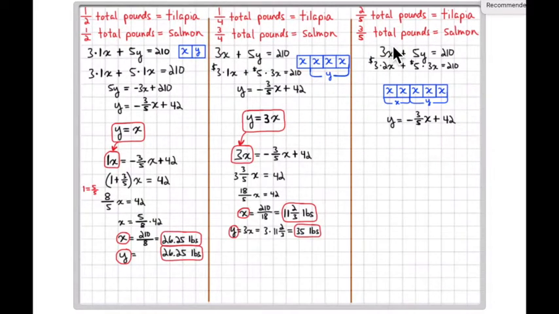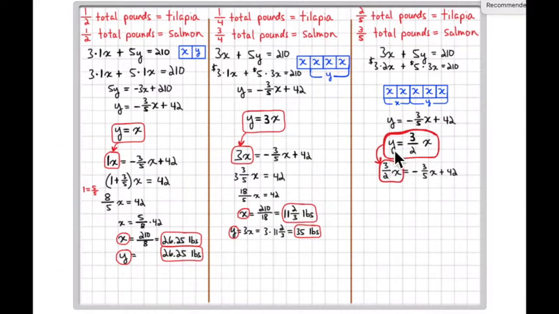slope-intercept form of this ratio of 2/5 of the number of pounds is tilapia and 3/5 is salmon. So this is the slope-intercept form right here. This is the same as over here and the same as right here. But now if you use this equation right here, this is the relationship between y and x from this ratio.